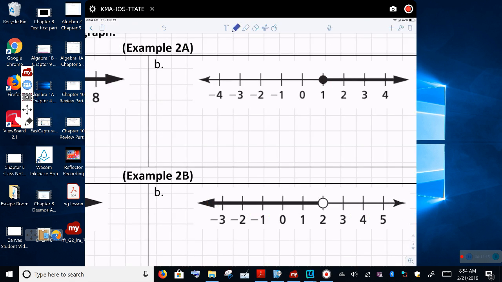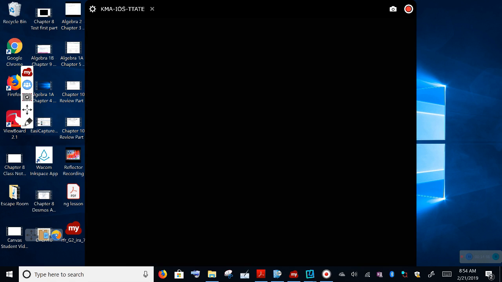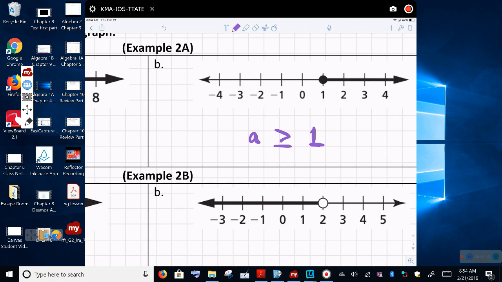Arlette, what number do I care about here? 1. Alright. Is this going to have a line or not a line? It will have a line. Okay, and which way am I pointing? To the right. So this is actually a what kind of inequality sign? A blank or blank.